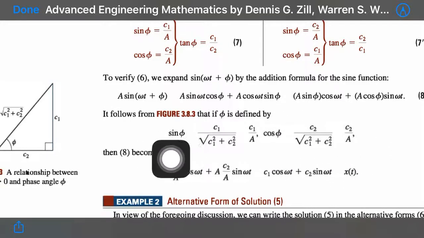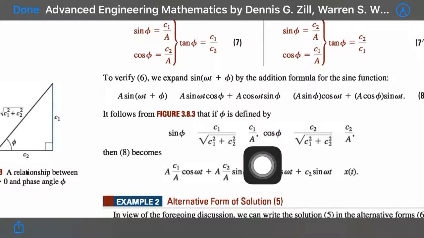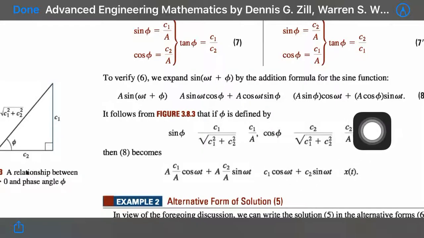Now I am putting the value of sine phi equal to c1 over a, and the value of cos phi equal to c2 over a in that equation.